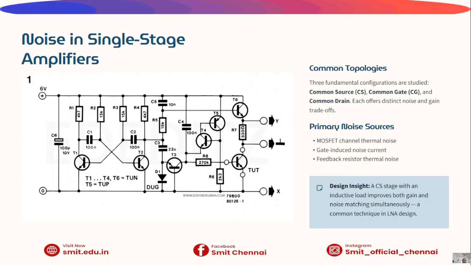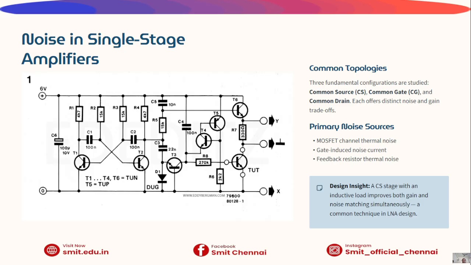Next, we see the noise in single stage amplifiers. Single stage amplifiers are the basic building blocks of analog circuits. The three common configurations are common source, common gate, and common drain amplifiers. Each topology exhibits different gain, bandwidth, and noise characteristics.